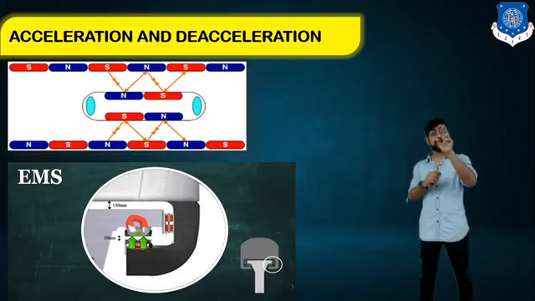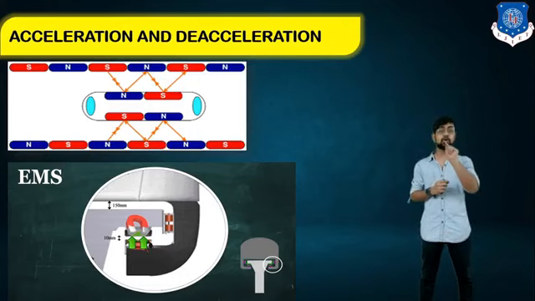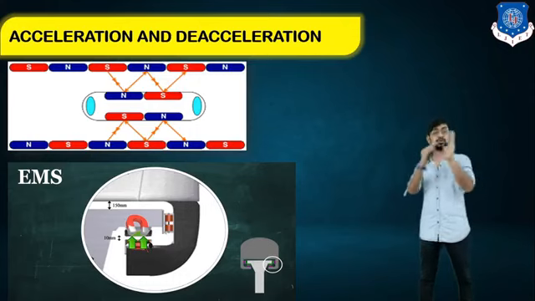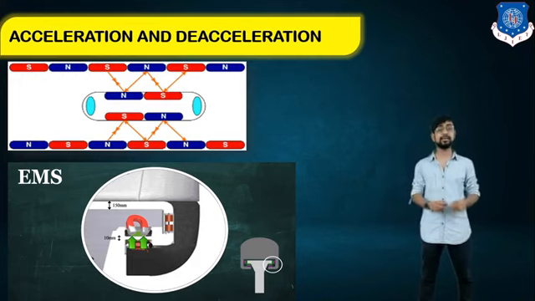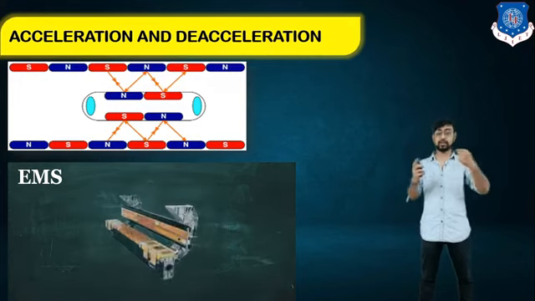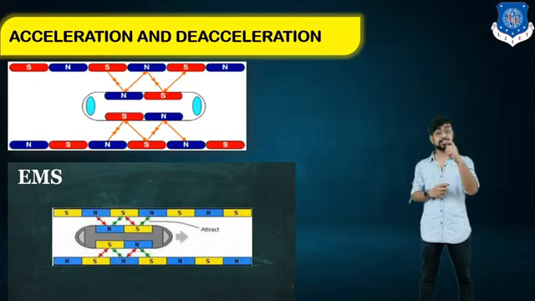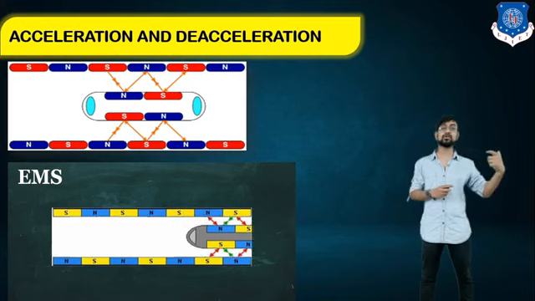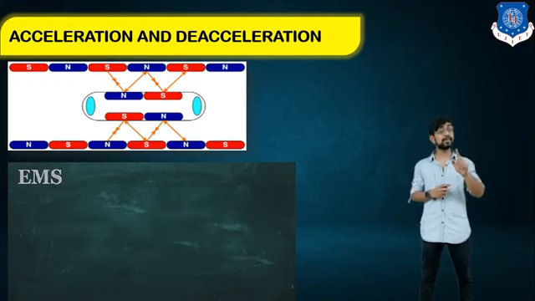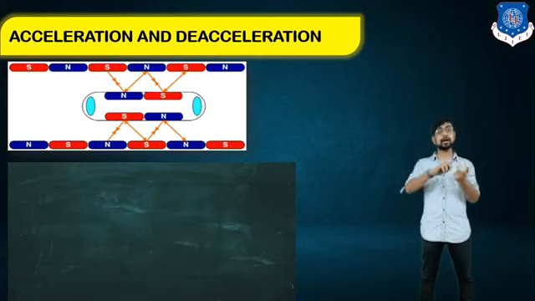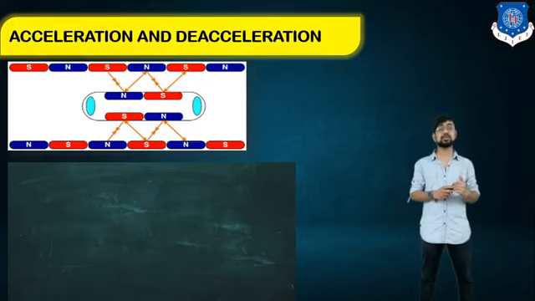But now when it moves forward, the field is alternated: the south will become north and the north will become south, and because of that this train will keep moving forward. You can see in the coils on the side lines that the field is alternating, and this alternating field will move and eventually move the train ahead. If you want to decelerate, just the opposite logic works. So this is the logic of the acceleration and deceleration of maglev trains.